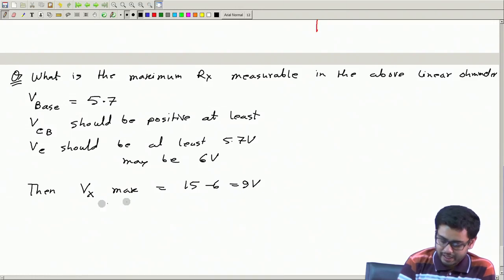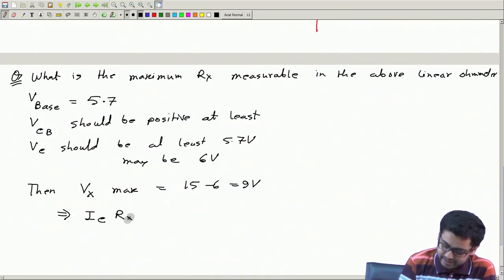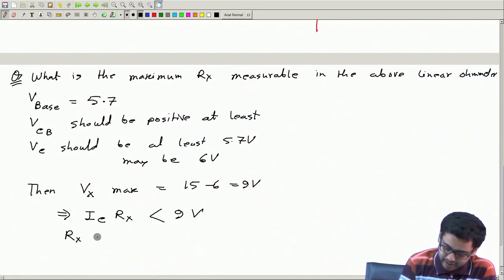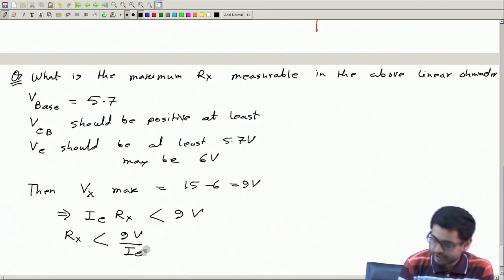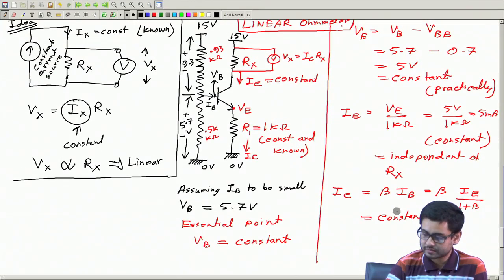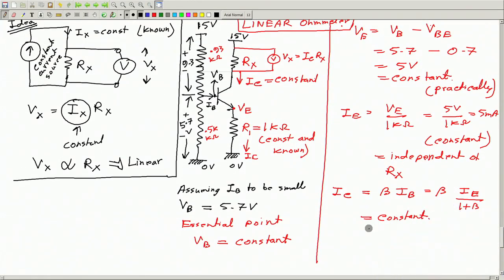This implies IC Rx is at max 9 volt, should not be more than that, and from this I can calculate Rx should be less than 9 volt by IC, whatever is the value of IC.